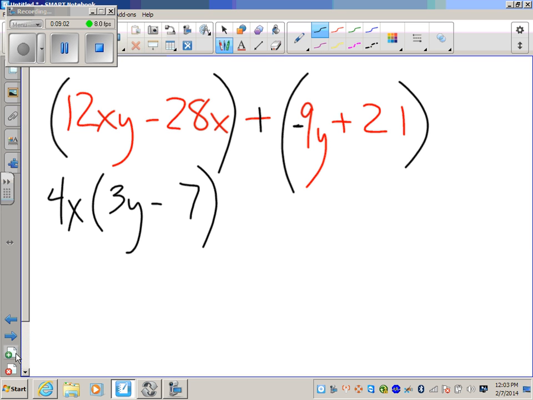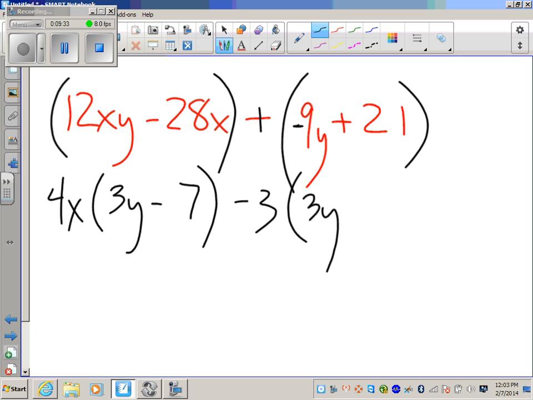Okay. And moving on from there, let's pull out the 3, but let's call it a negative 3. If I pull out a negative 3, negative 3 times what gives me a negative 9y? Positive 3y.